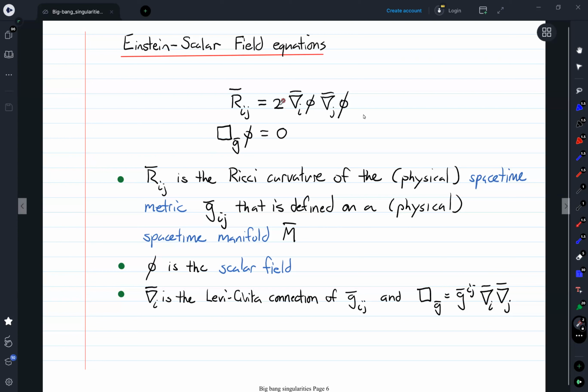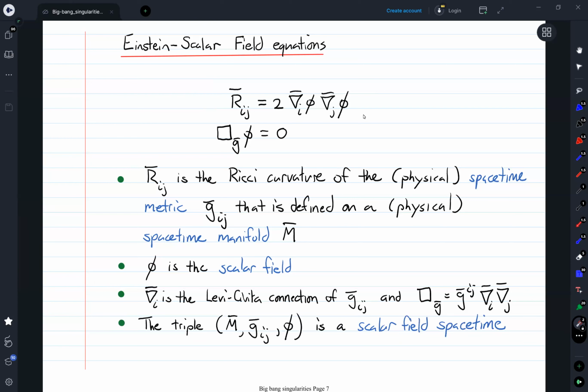And this is a self-gravitating system. So this is a matter field, and you think of it as self-gravitating via the Einstein equations. And then, of course, the matter acts as a source for the Einstein equations. Okay, so this is the system that we're going to be interested in throughout this talk.